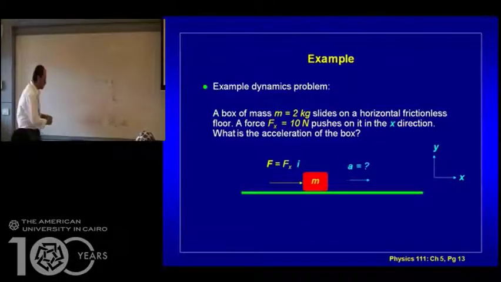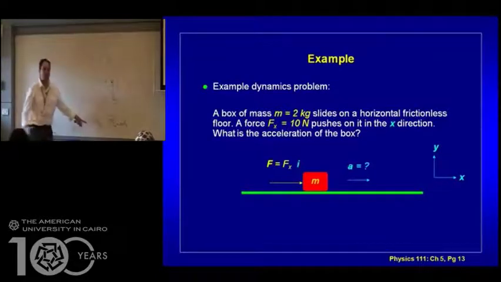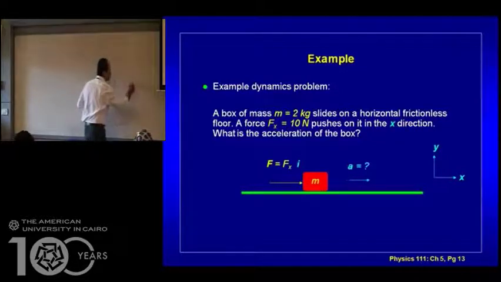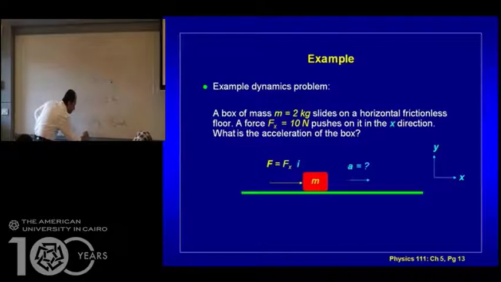Step number 3, let's translate from just Newton's second law into our problem. What are the forces along the x-axis? That's only Fx. That should equal mass times acceleration. Look at that equation.